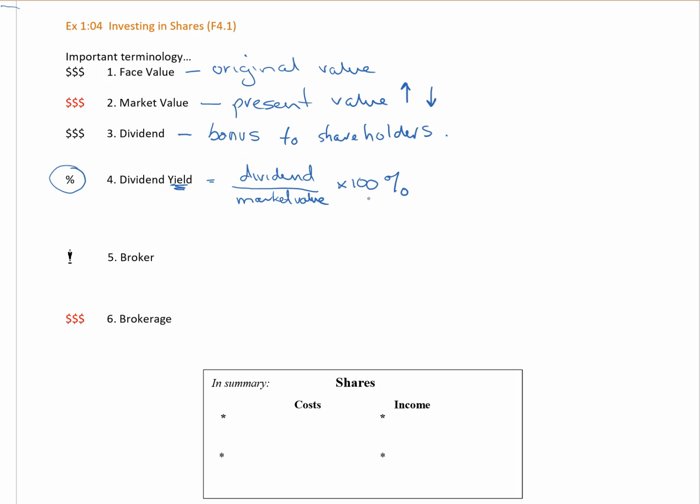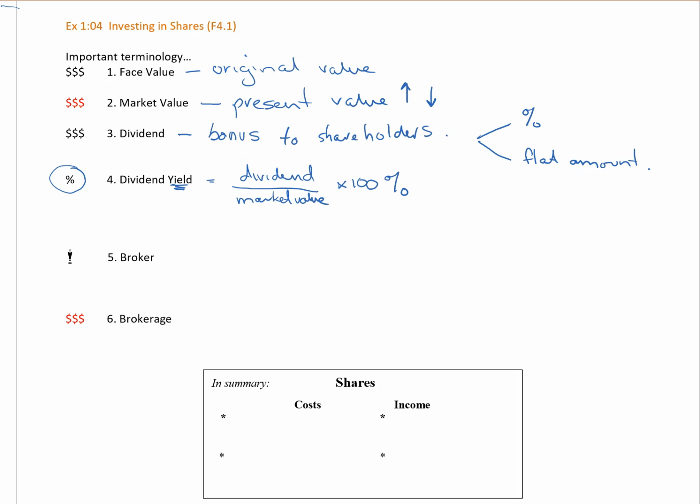Sometimes dividends, obviously you can see, may be expressed as a fraction, as a percentage, or it just might be a flat amount. You'll see some questions where, regardless of the market value, so no consideration for the market value, they might just say, we're giving a flat out 20 cents per share as a dividend, and no mention, like I said, of the actual market value of the share.